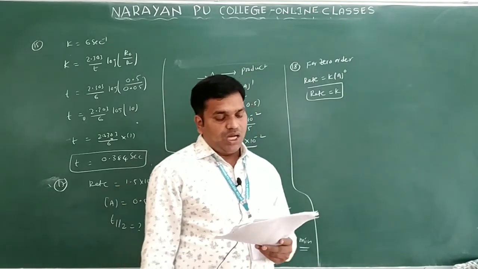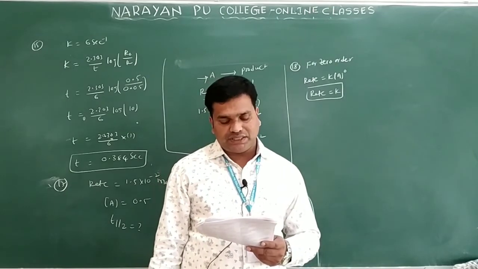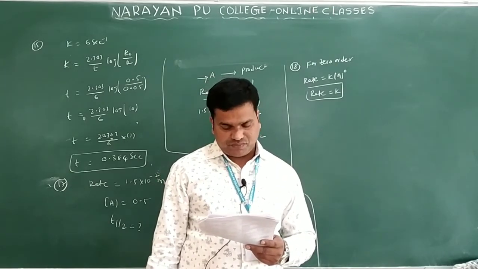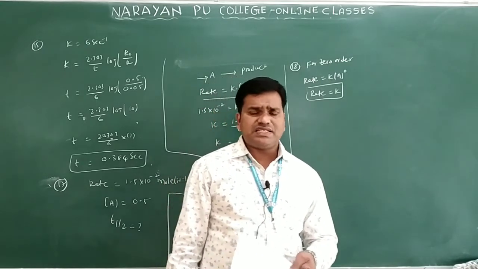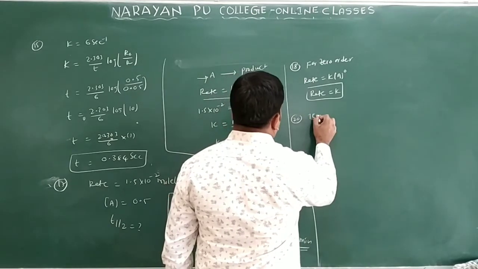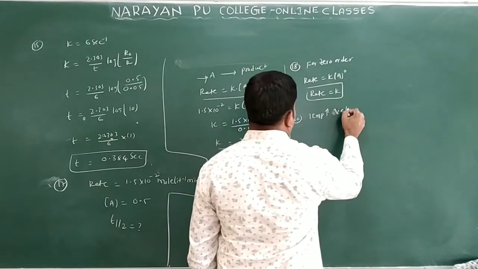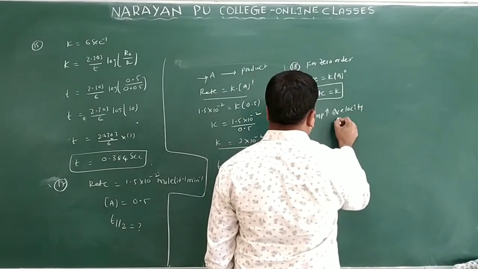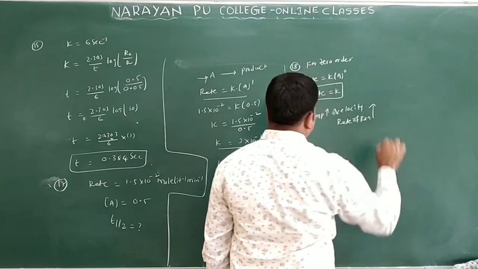Next, 20. A rise in temperature increases the velocity of the reaction, and it is because if the temperature increases, velocity means rate. Velocity in chemistry we call rate.